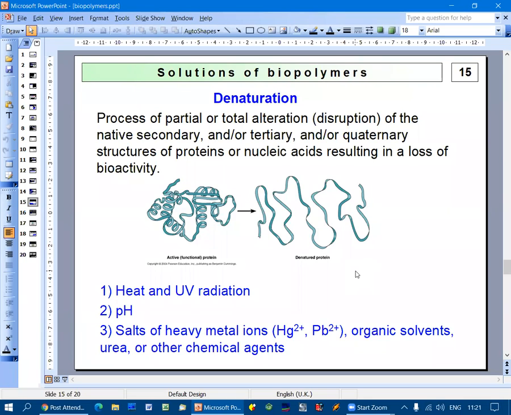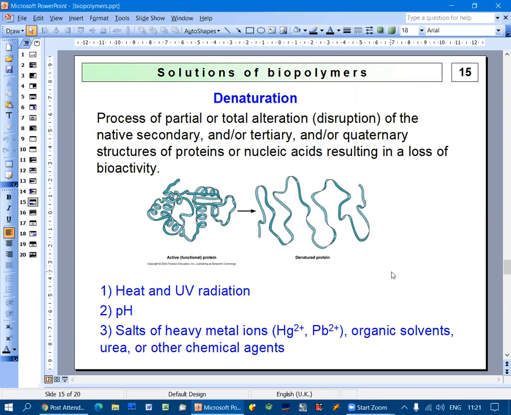First of all, this is hydrogen bonds, because secondary structure forms due to the formation of intermolecular hydrogen bonds.